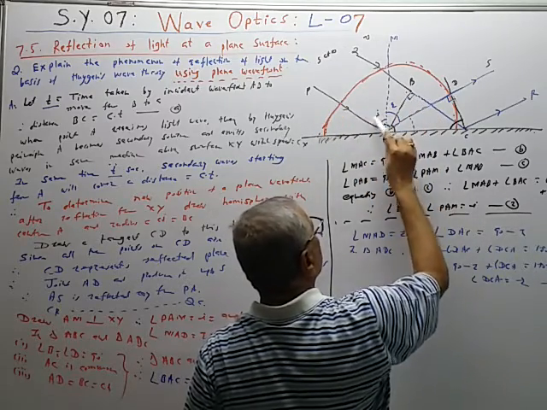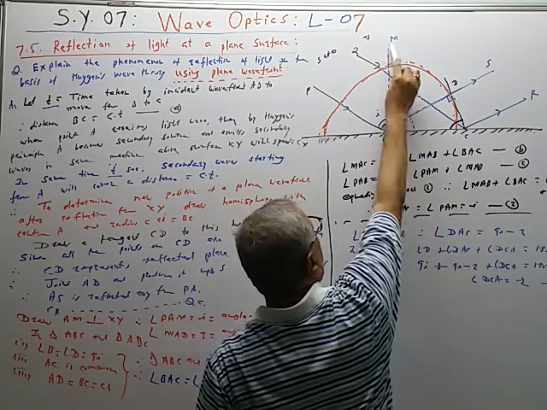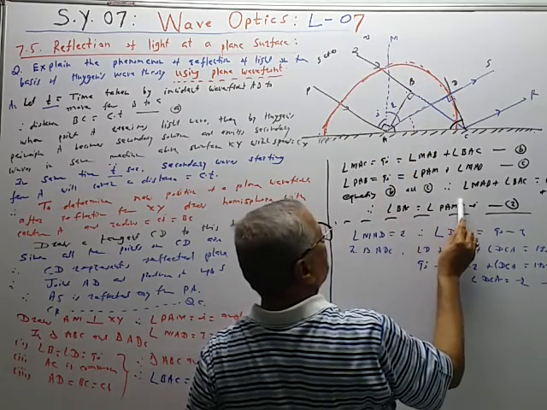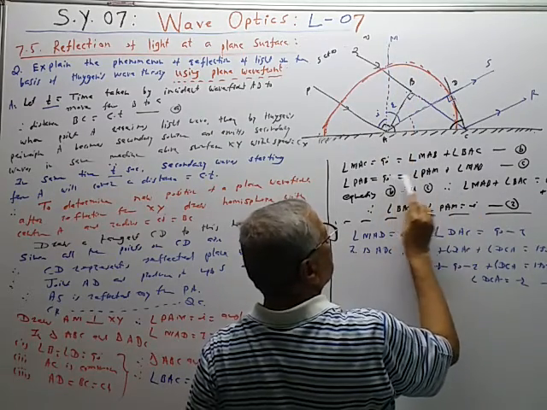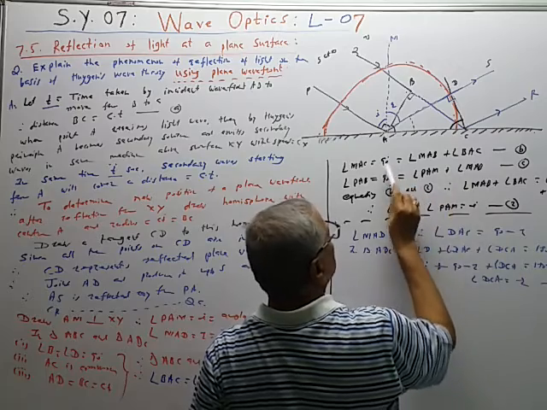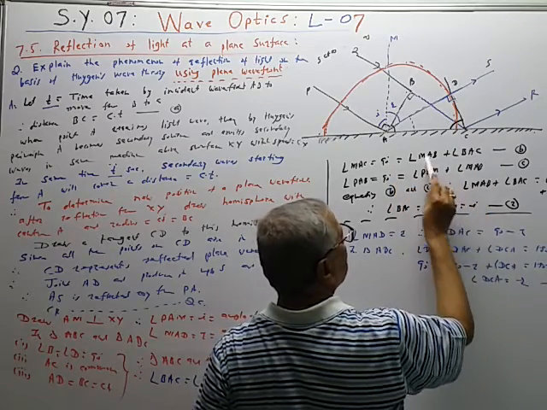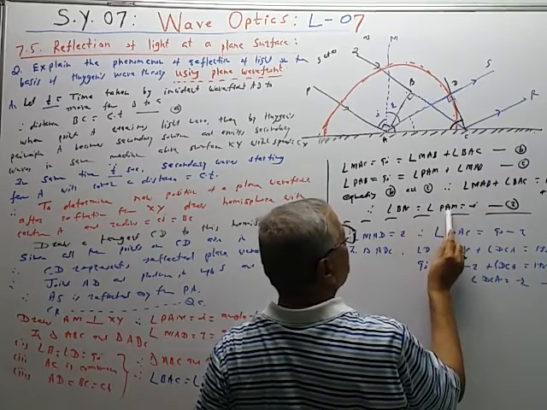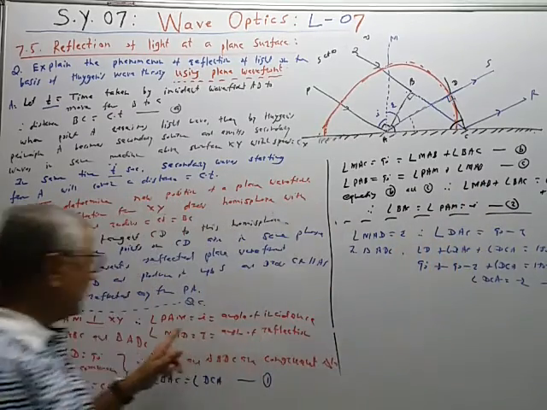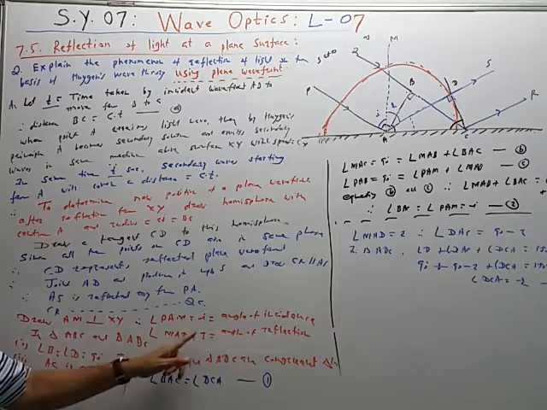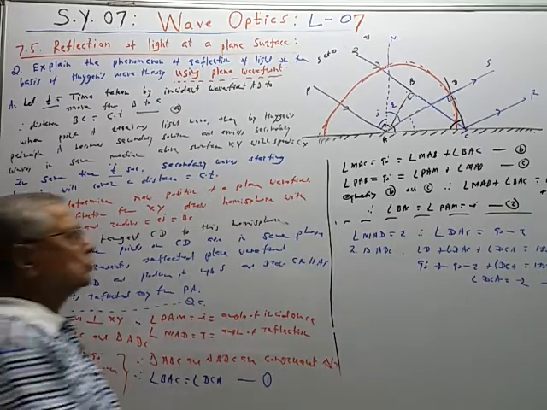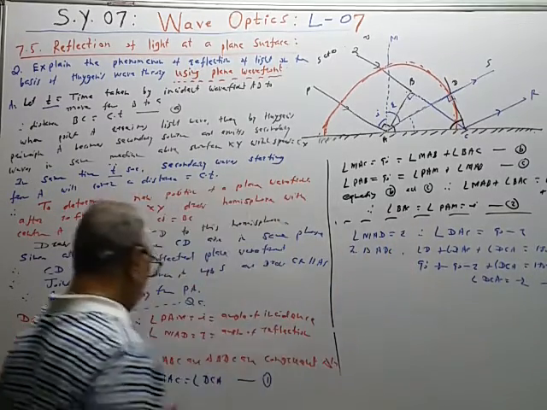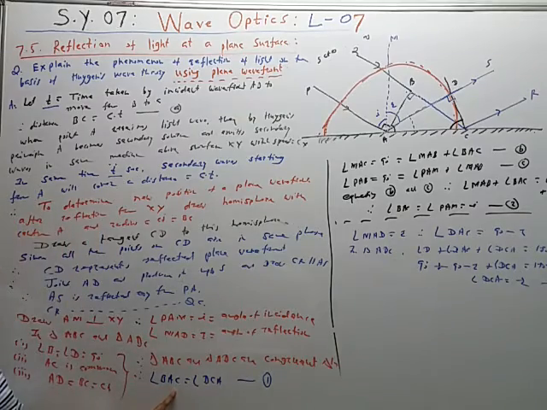But PAB is equal to the sum of the two angles PAM, which is I, and angle MAB. So this is 90 degree, this is also 90 degree. So equating the right hand side, MAB will get cancelled. So BAC is equal to PAM, but PAM is equal to I. So BAC is equal to I. या दोघांपैकी हा अँगल I जातो.